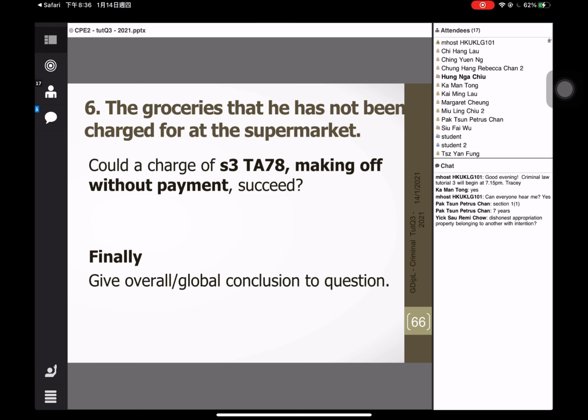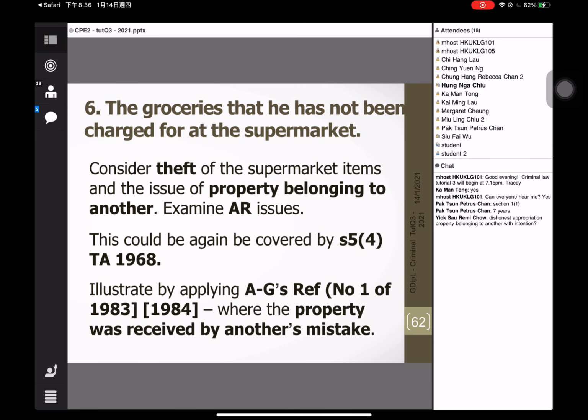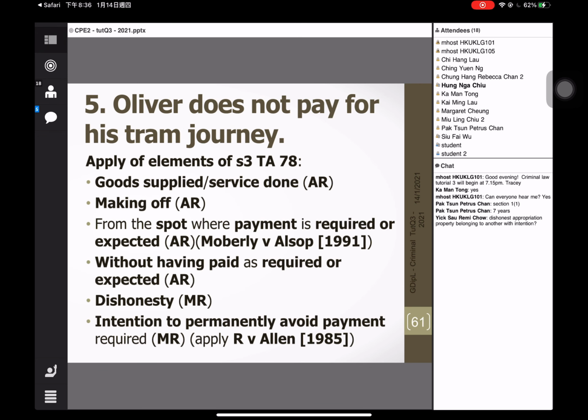Could Oliver be charged with Section 3, making off without payment, in relation to the uncharged grocery items? So if we look at the requirements for Section 3, just go back.